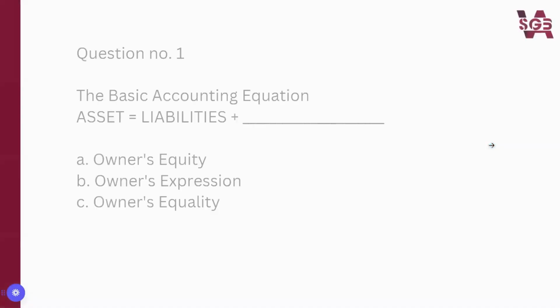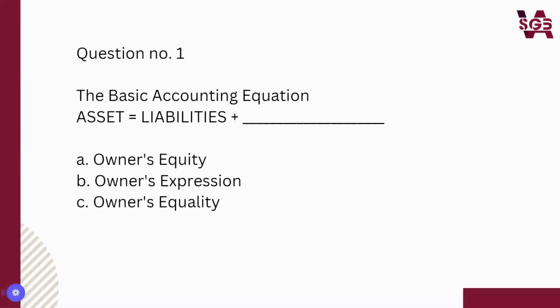For question number 1, the basic accounting equation is assets equals liabilities plus blank. A, owner's equity. B, owner's expression. C, owner's equality.